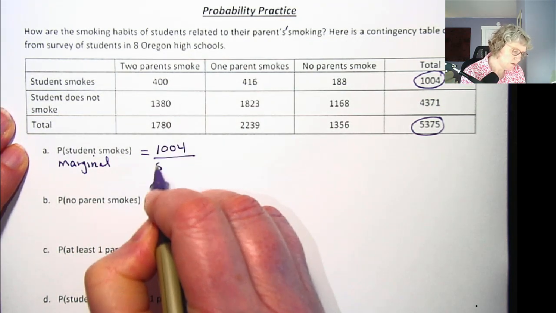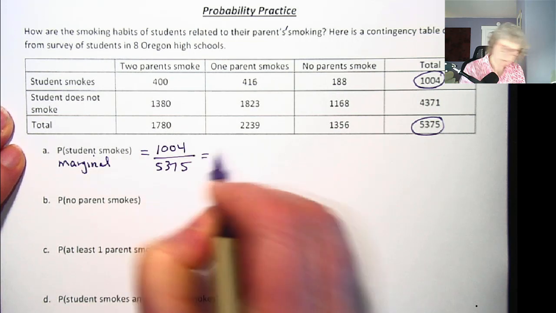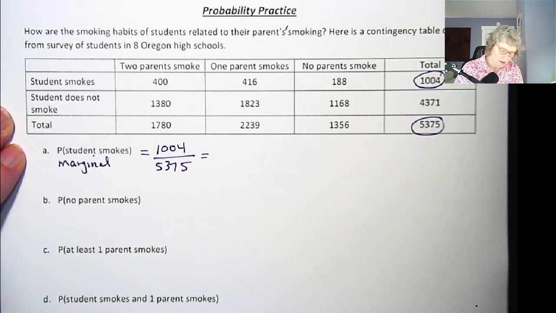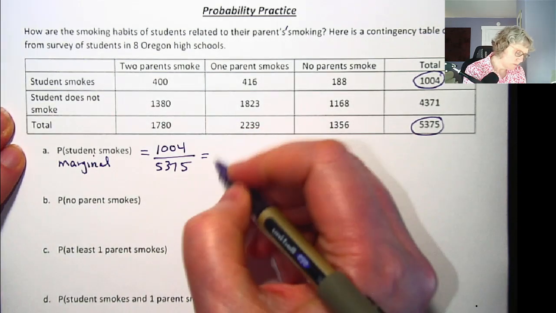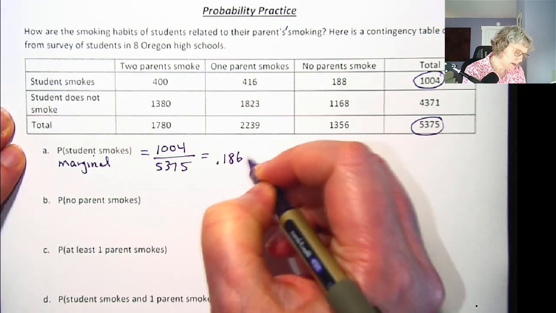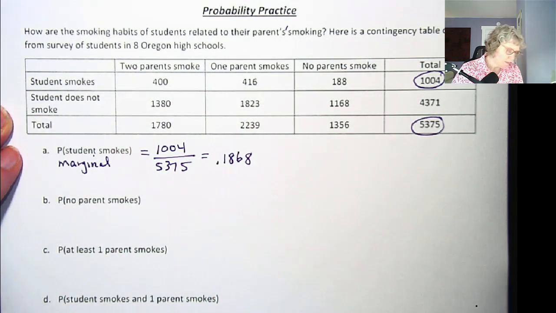Let's go ahead and calculate what that is. 1,004 divided by 5,375 is 0.18679, so 0.1868.